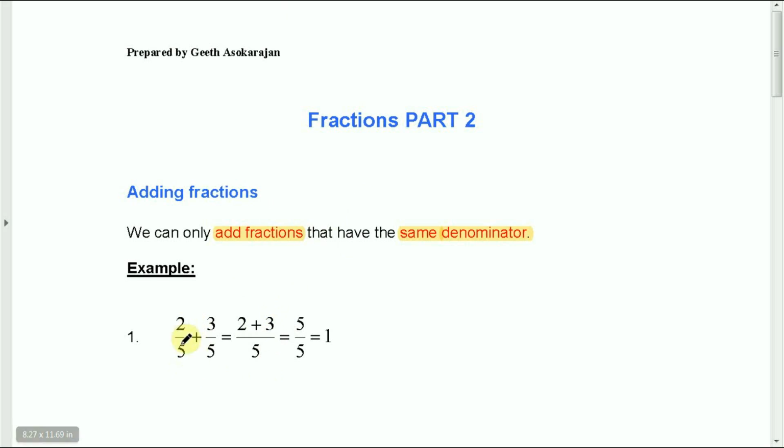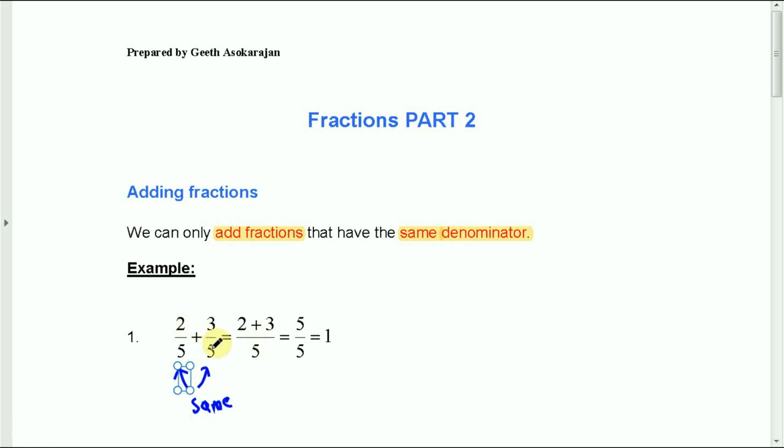So for example, 2 over 5 plus 3 over 5. So I've got the same denominator. The denominator is 5. So let me just mention that these two denominators are the same. So what we do is we draw a nice big line and we add that 5 on the bottom.